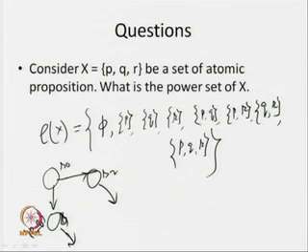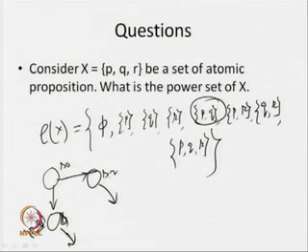So, p and q is a member of this particular power set. That means the states will be labeled by a member of the power set of our given atomic set. So, X is a set of atomic propositions p, q, r, and these are the components of this power set, and the labeling function is going to pick any member of this power set, because it says that these are the atomic propositions true in this particular state.